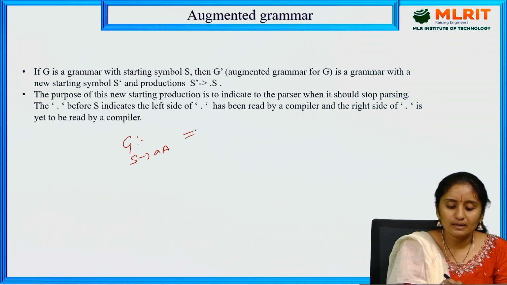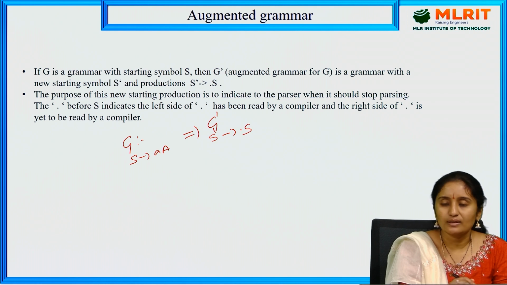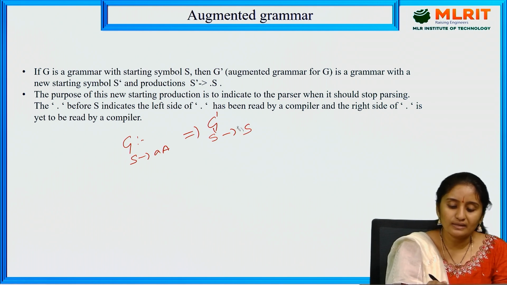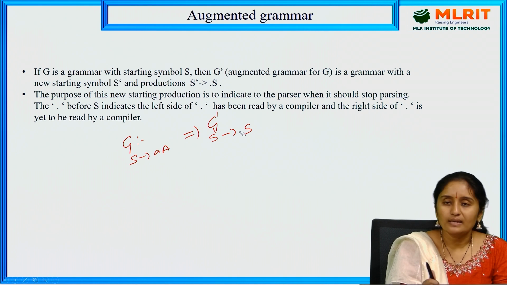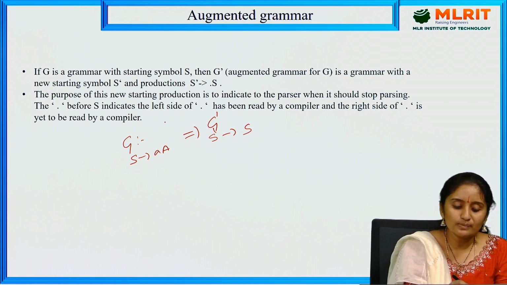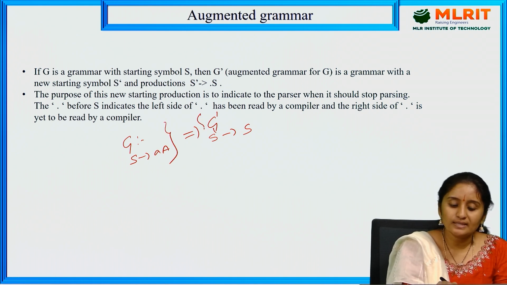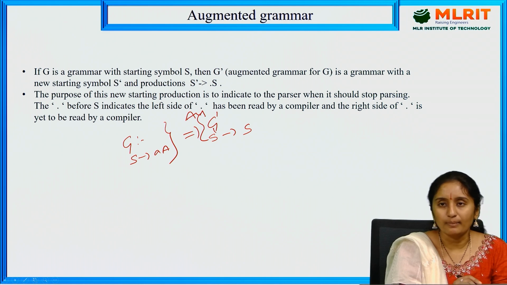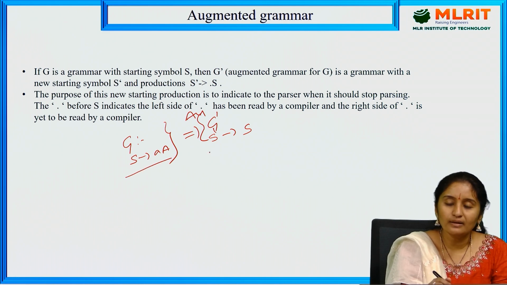Then the augmented grammar will be G dash, with S dash tends to dot S. Initially S dash tends to S is my production. So this is my original grammar and this is my augmented grammar.